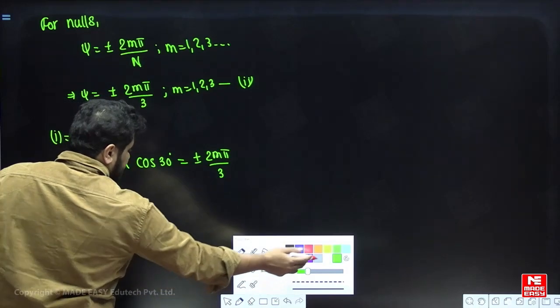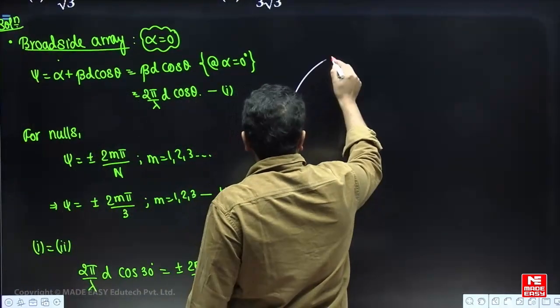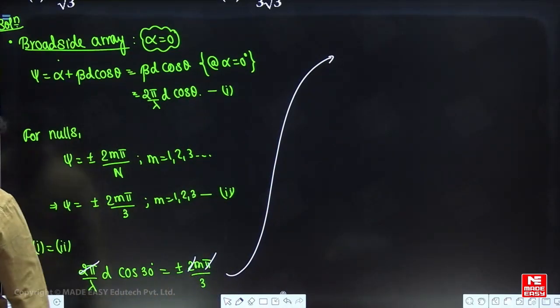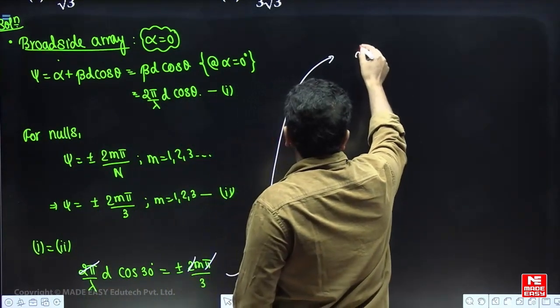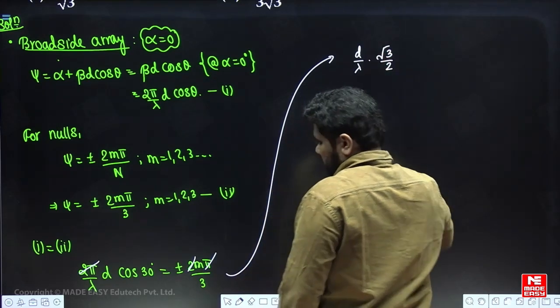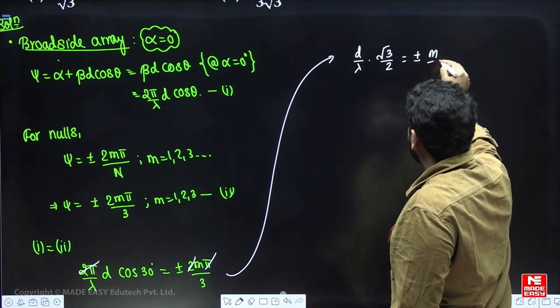So any values that are getting cancelled? I hope things are clear till here. So you can see that this 2 pi is getting cancelled, right? So d upon lambda into cos theta, cos theta is how much? It is root 3 by 2, is equal to plus minus m upon 3.